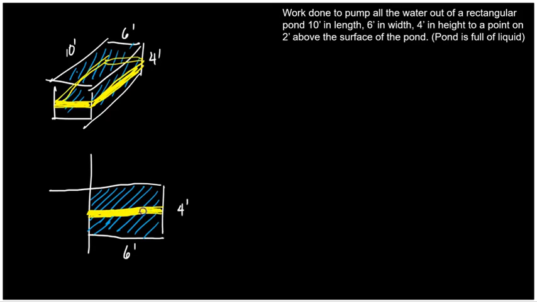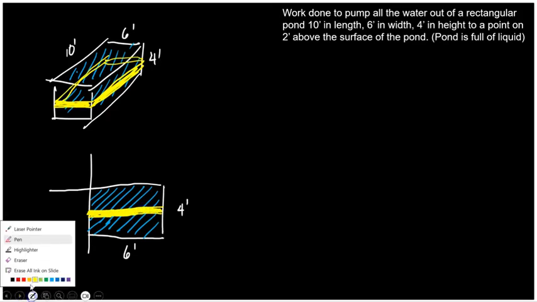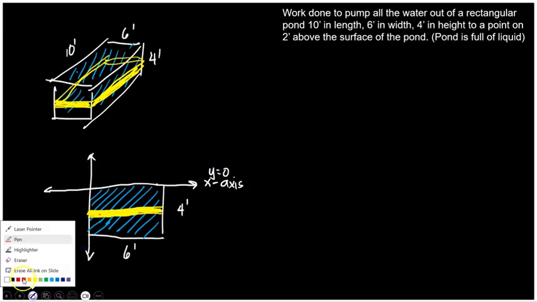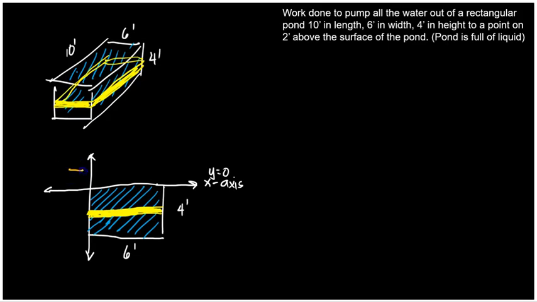So you place the surface of the pond on the x-axis. So again, x-axis, that is y equals 0. And then this is the y-axis here. And you need to pump the liquid to a certain point that's 2 feet above the surface. So n, y equals 2. So n is the final position.